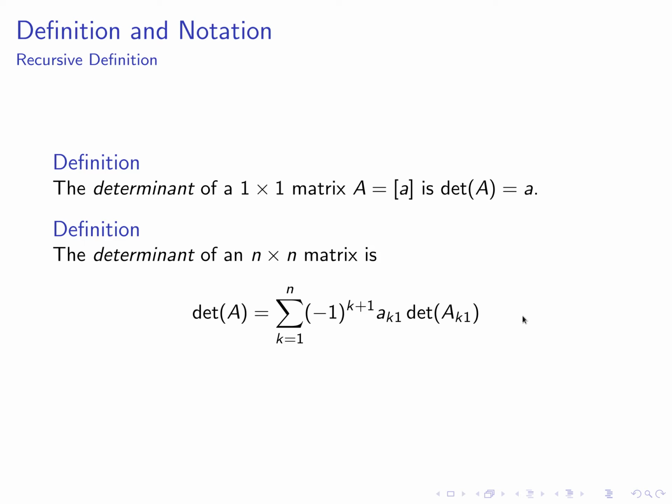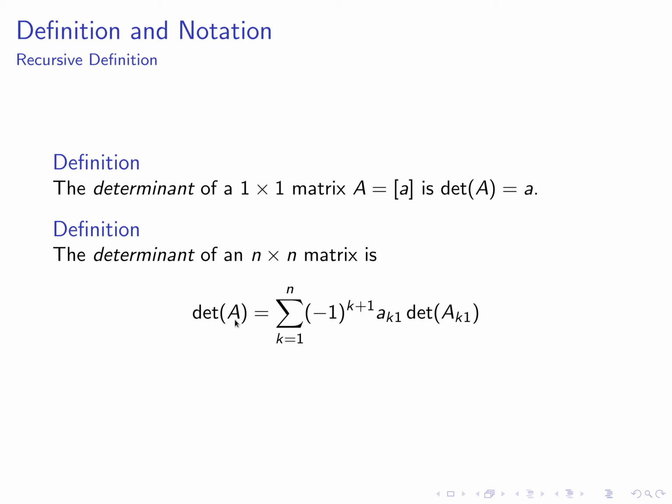Now, at first glance, it might look like there's an issue here because we're using the concept of a determinant to define the concept of a determinant. But if we look a little closer, we realize there's actually not an issue with this. Because on the right here, we're taking the determinant of a submatrix of a larger matrix.